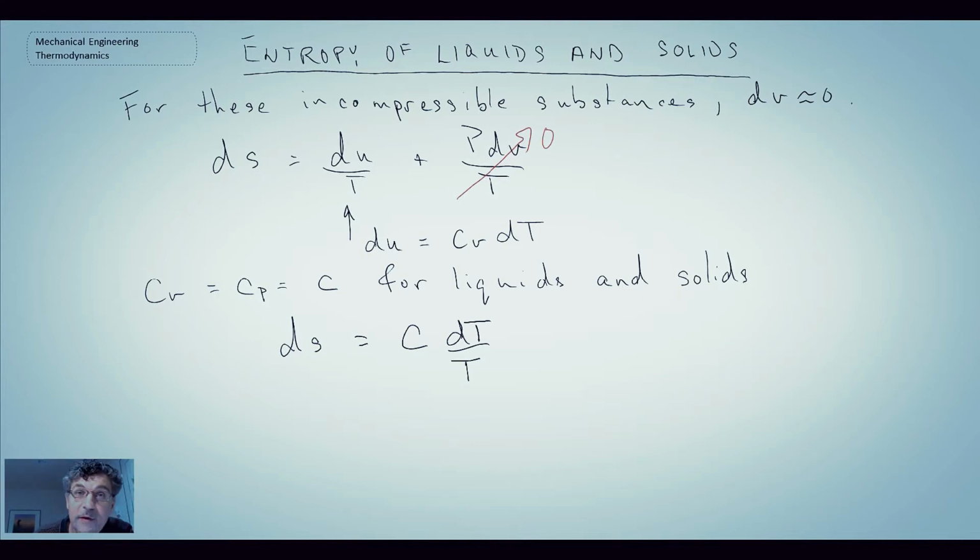Now what we're going to do is integrate that between two states, a beginning state and an end state. So we get this integral equation, and you'll notice that I've written the specific heat here to be a function of temperature.